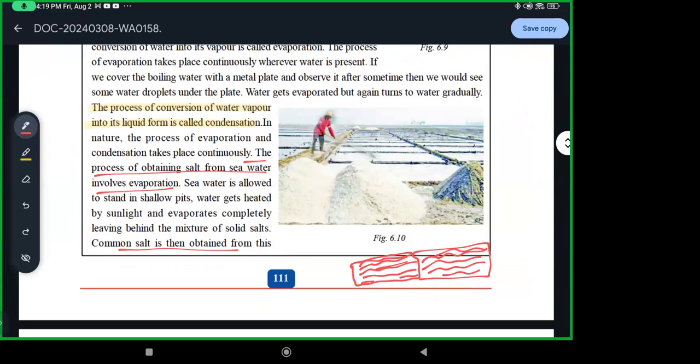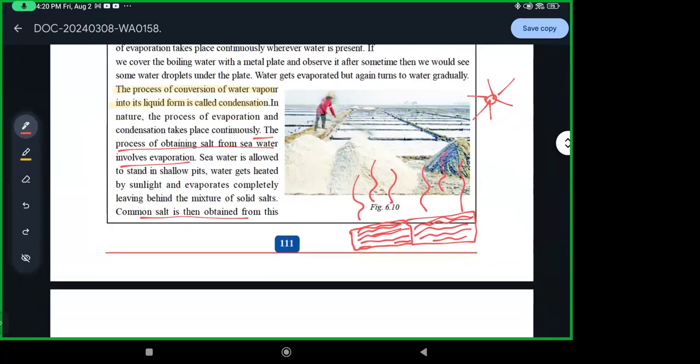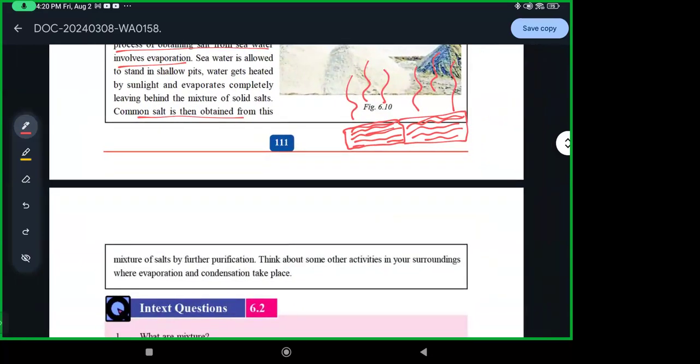Due to the heat of the sun, the water evaporates from the pits, and at the bottom, salt is collected. So common salt is obtained and then it is processed. That is, further purification takes place in the factory, and then the salt that we use is obtained.